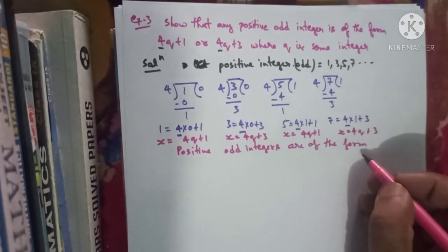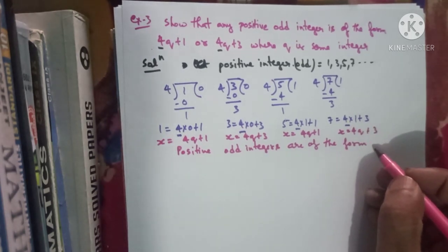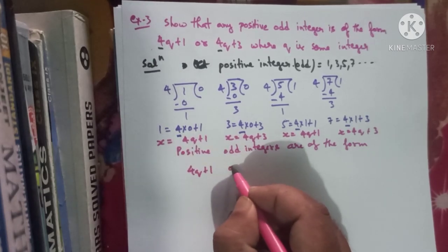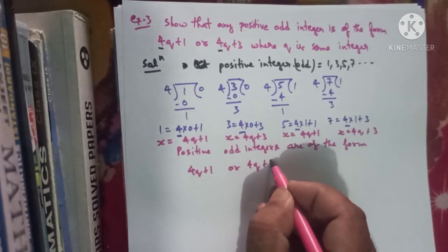So all the positive odd integers are either of the form 4q plus 1 or 4q plus 3, where q is some integer.